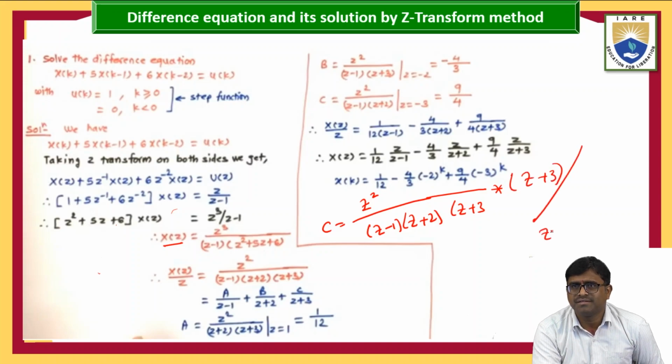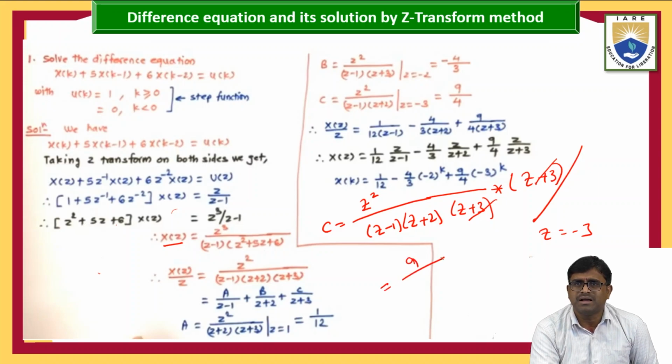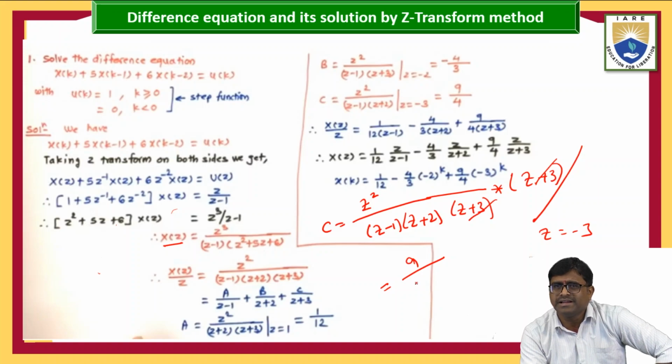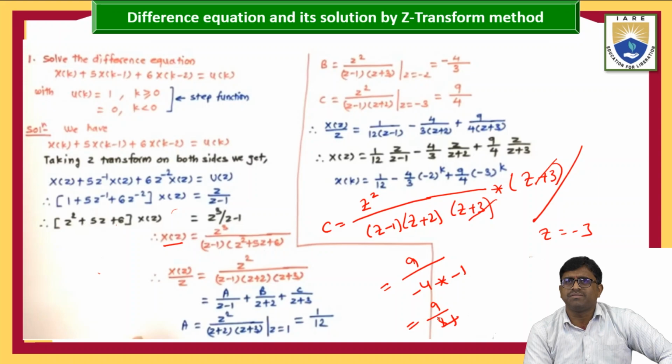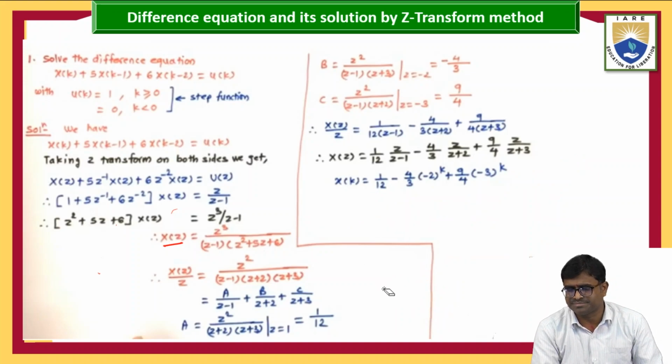Where z equal to minus 3, cancel this one. The numerator is 9 and the denominator is minus 4 into minus 1, that equals 9 by 4. So we got the c value.